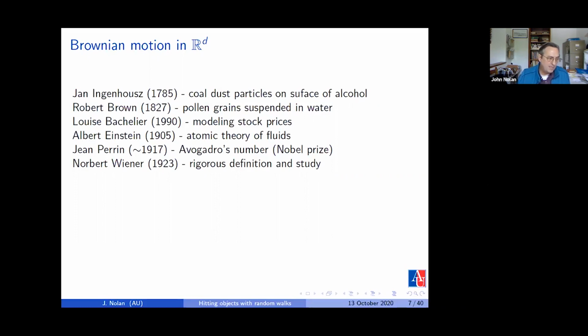Louis Bachelier also worked with Brownian motion to model stock prices and some finance type problems. Albert Einstein, in 1905, in one of his multiple papers in that incredible year, basically came up with the idea of Brownian motion to help describe the atomic theory of fluids.